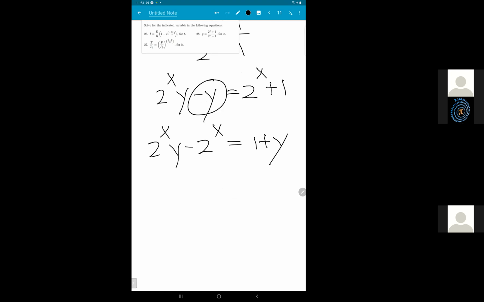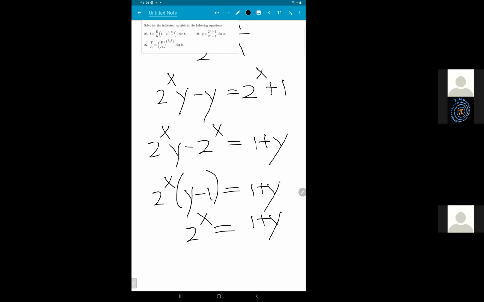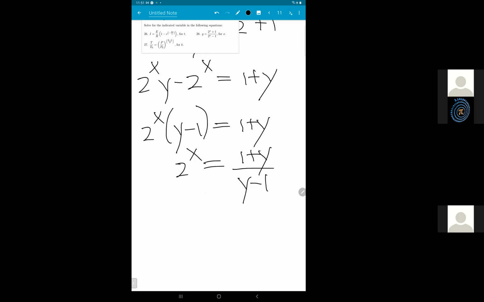Okay, ilipat ko to. And then factor out 2 to the x. Bring down. And then, okay, there are two approaches to this. Since you're only solving for x, okay, ganito gagawin ko muna. Ln both sides.